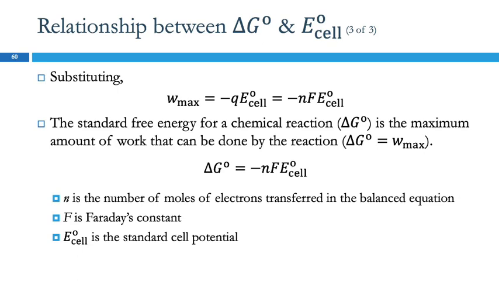So that leads us to this relationship. The standard free energy change is equal to negative nFE naught. n is the moles of electrons transferred in the balanced chemical equation. F is the Faraday constant. And E naught is the standard cell potential. So that's a very useful equation. Any questions? I'm not going to make you derive any of these.